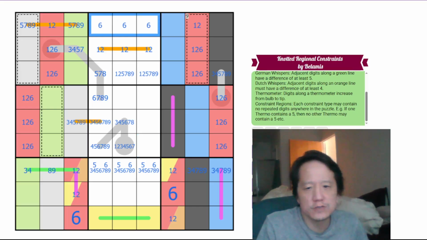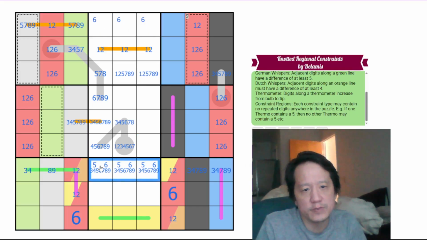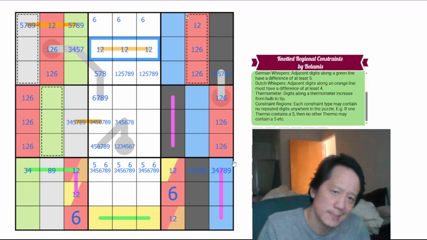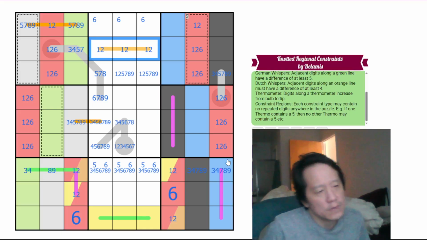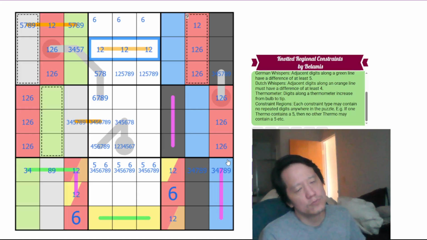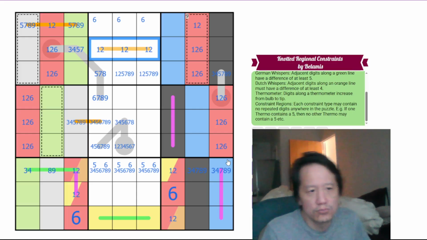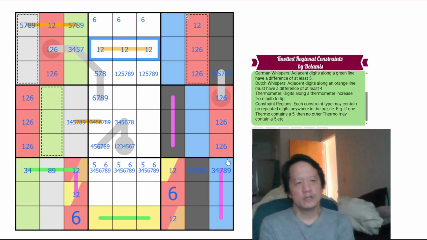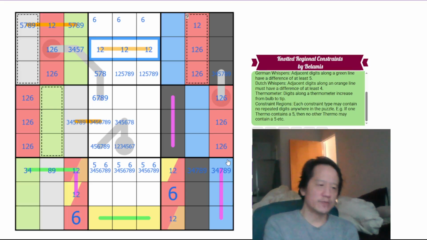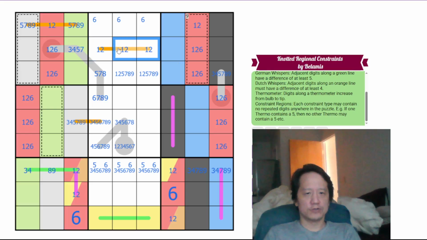So we know 6 is one of these 3. 6 has to be one of those 3. 1 or 2 is one of here. What other constraints do we have? I'm not sure. We don't know where the 1 or the 2 is here.